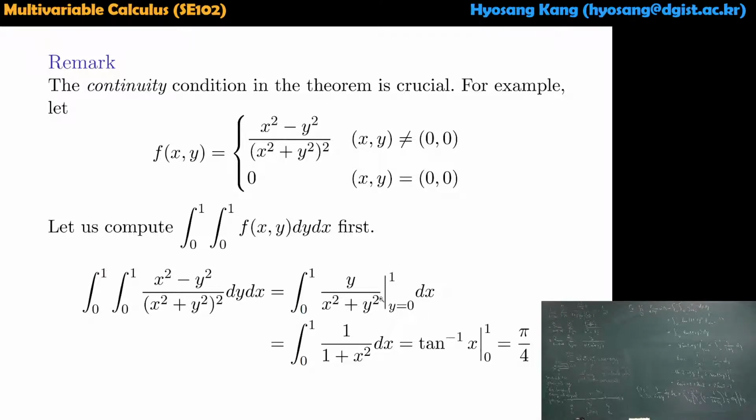So plug in 1 and 0 for y. When we plug in 1, we get 1 over 1 plus x squared. When y is 0, it disappears. Then take the integral over x. This is the typical derivative of arctangent, so with x from 0 to 1, our value is pi over 4. This is the result when you integrate y first and then x.